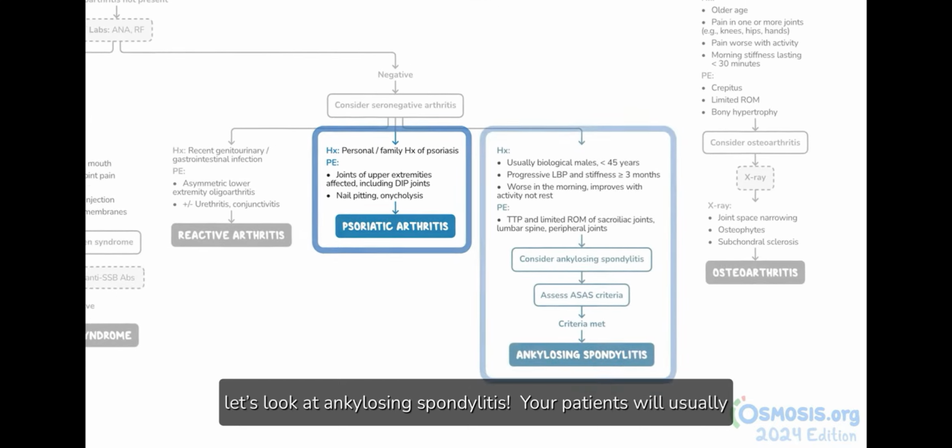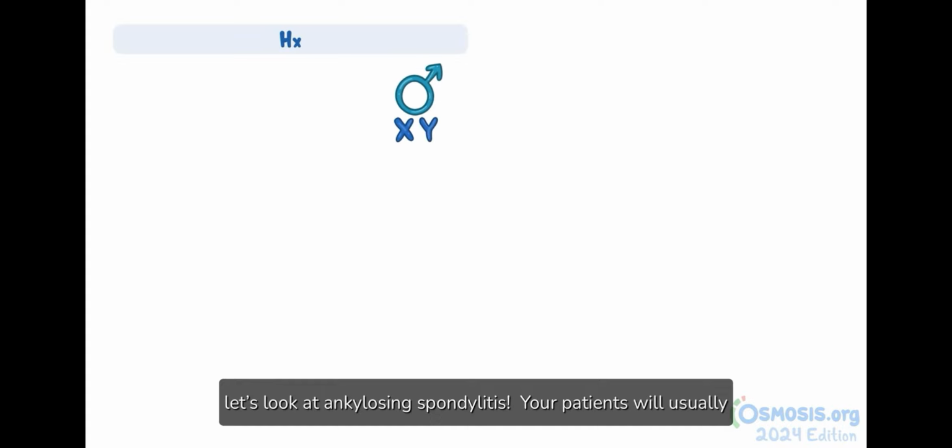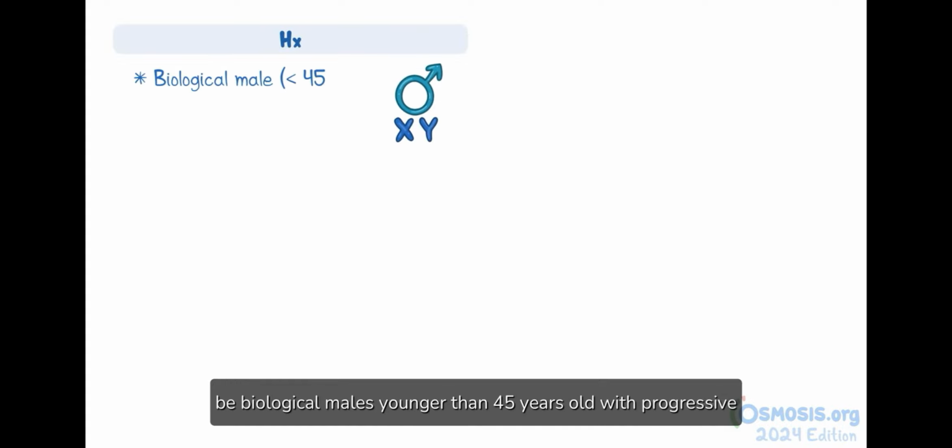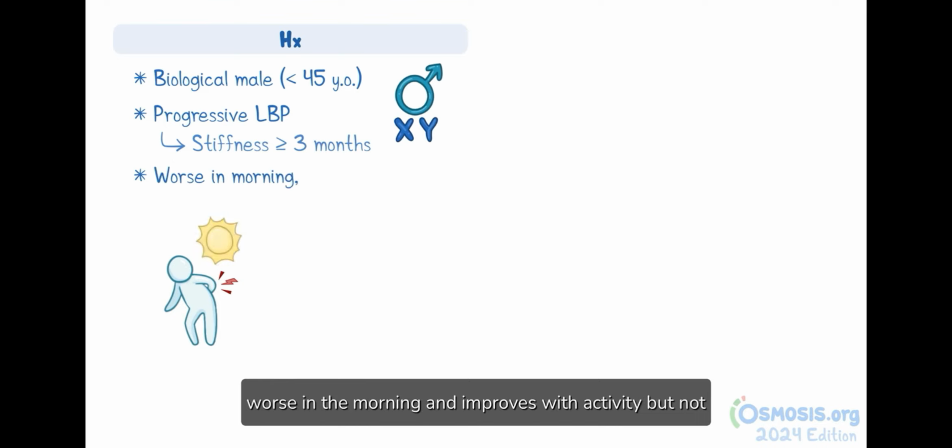Finally, let's look at ankylosing spondylitis. Your patients will usually be biological males younger than 45 years old with progressive low back pain and stiffness that has lasted 3 months or more. Additionally, they will report that the pain is worse in the morning and improves with activity but not rest.